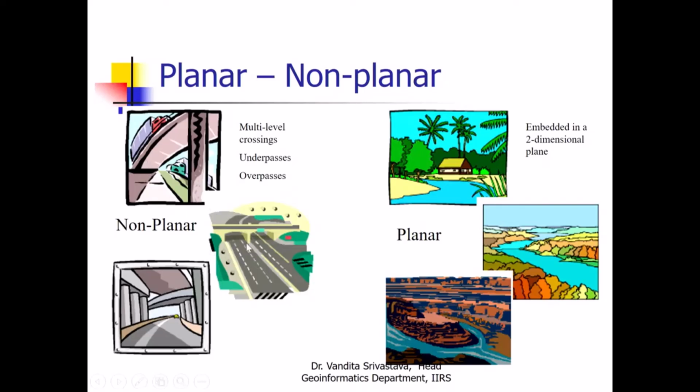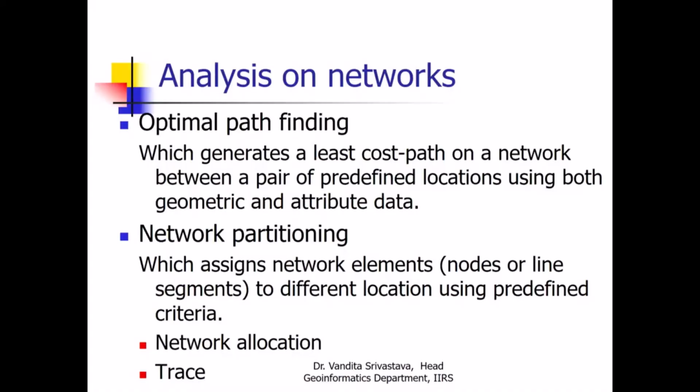Like in case of road, we can have underpasses and overpasses. So that is a non-planar network. Multi-level crossings, underpasses, overpasses will indicate a non-planar network. While the natural water is planar, if we create an artificial water system, then it may also be a non-planar network, right? And what kind of analysis can we perform on networks?